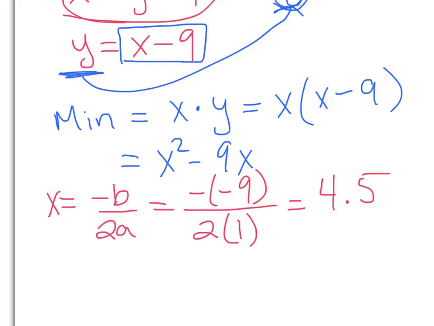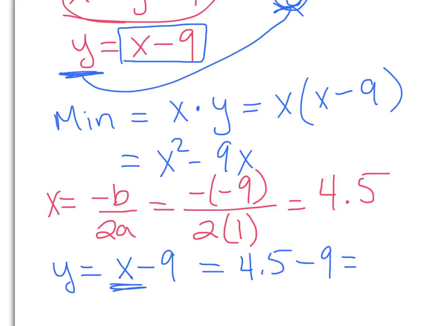Now we have to go back to just up here, and remember, in order to find y, we need x minus 9. Well, if we have a value for x, which we do, which is 4.5, we can substitute that back in and end up with an answer of negative 4.5 for our y.